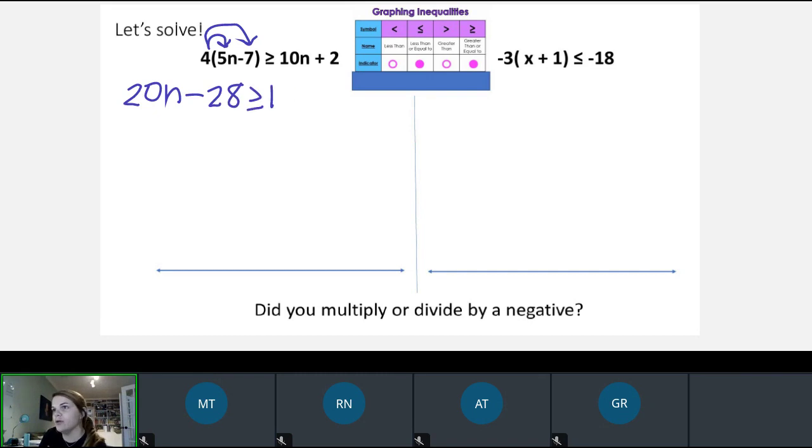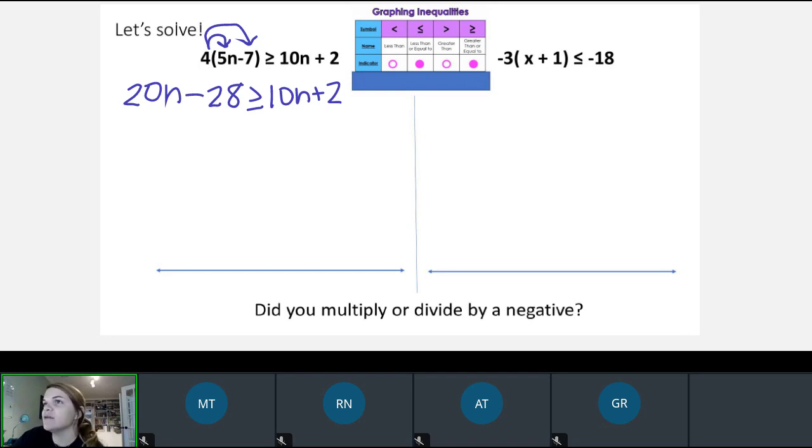And I'm going to now rewrite the rest of my problem. Did I lose anybody, or is anyone confused on how I got any of that? Okay, good deal. All right, so now we're going to combine our like terms.